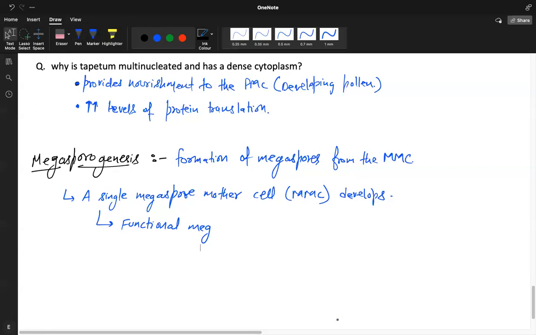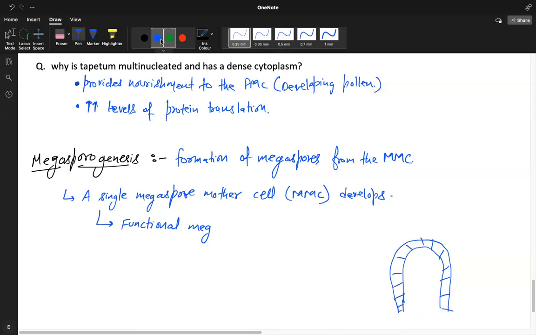You will see that the way the megaspore mother cell divides and the tetrad is formed is in an elongated fashion. So you will have multiple cells like here at the corner, and these cells will be the nucellus, right?